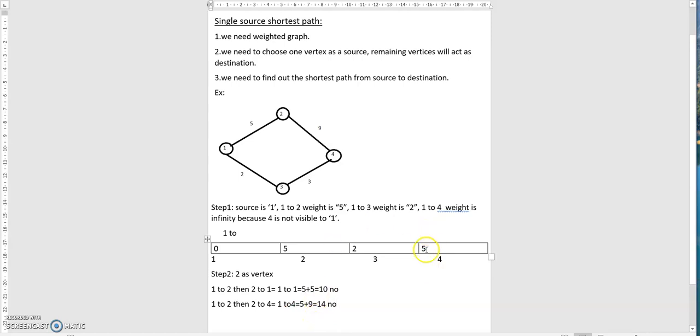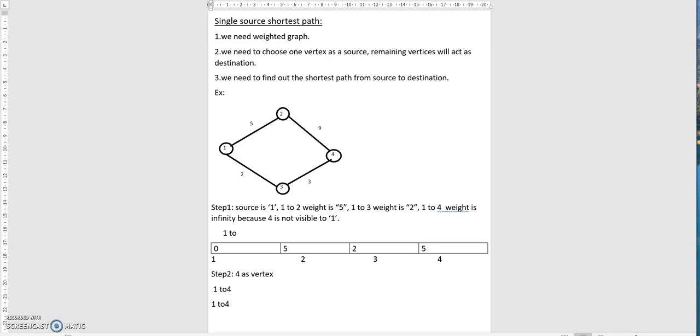Next, consider the final vertex, which is 4. But 4 is already connected to 1, so 1 to 4. Then we need to calculate 4 to 2 and 4 to 3. First 1 to 4, and 1 to 4.